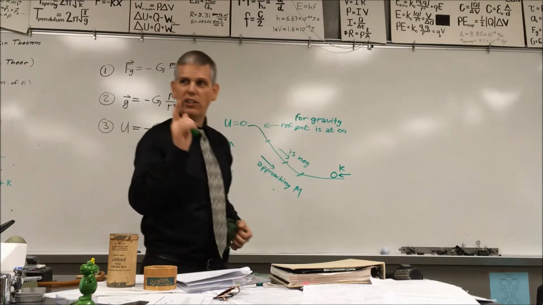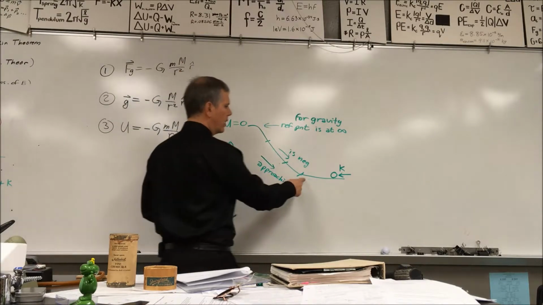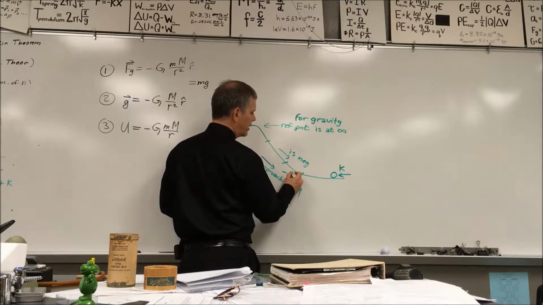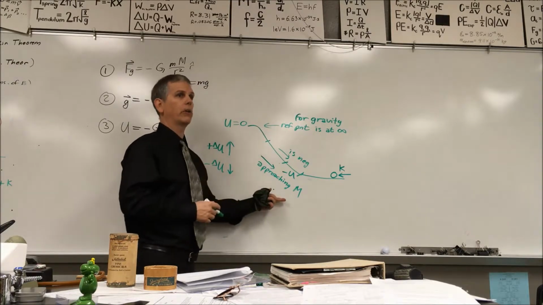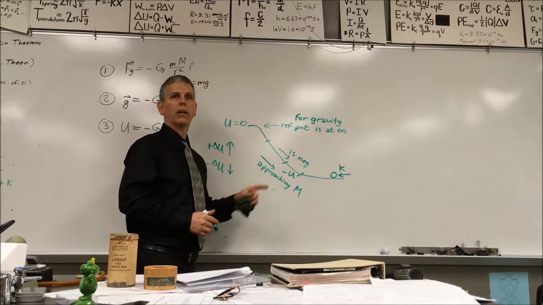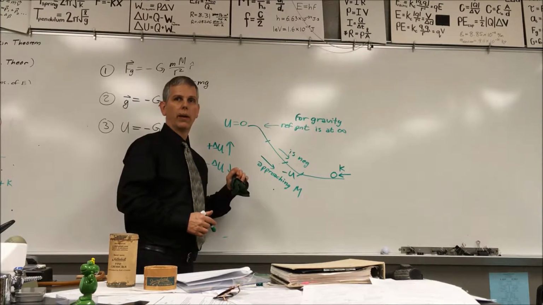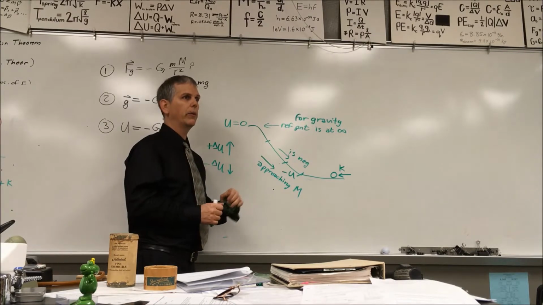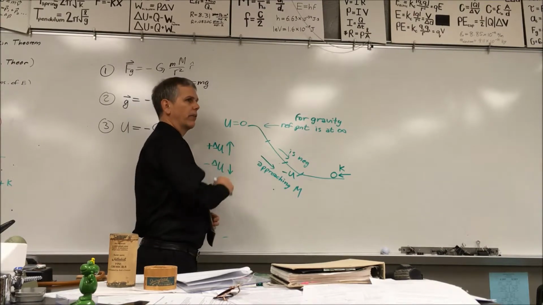And if you have just enough kinetic energy, so like here, if my potential energy is negative U, some value, how much kinetic energy do you need to get out? U. And notice that U plus K would equal 0, and you get out of the ramp.